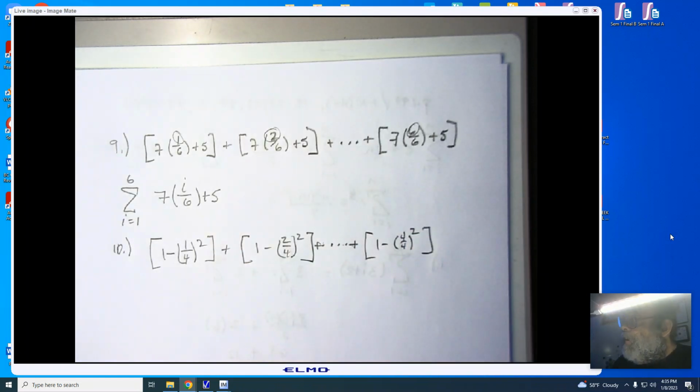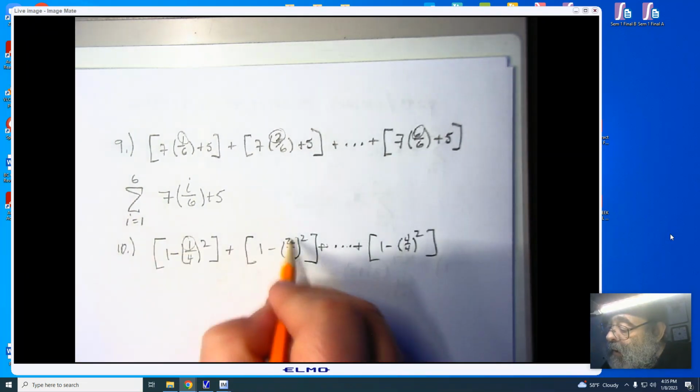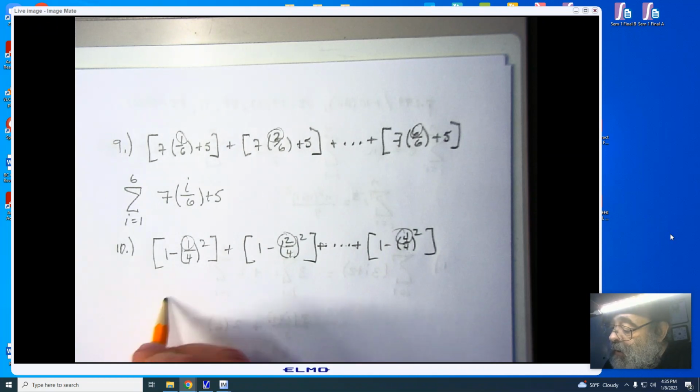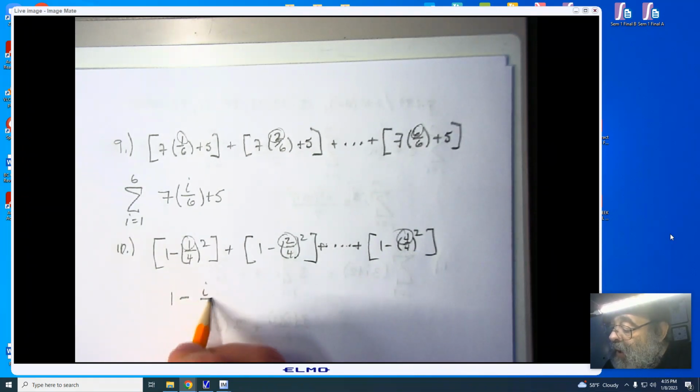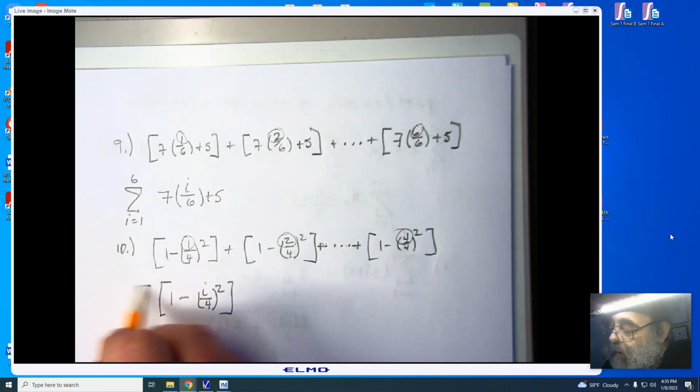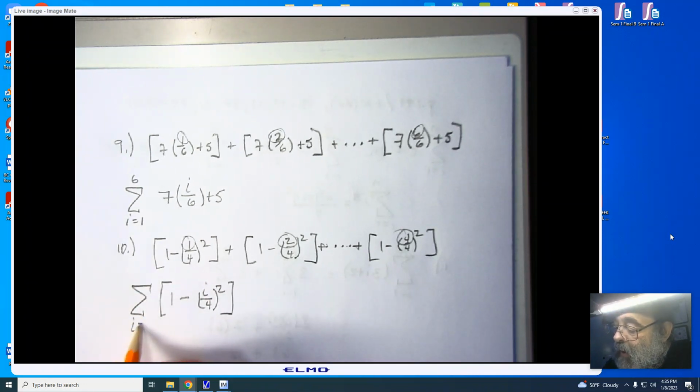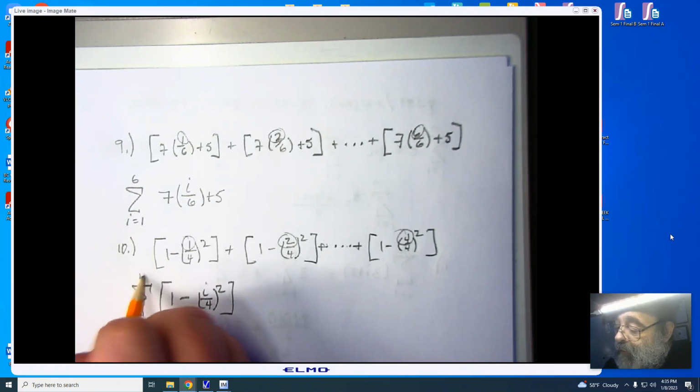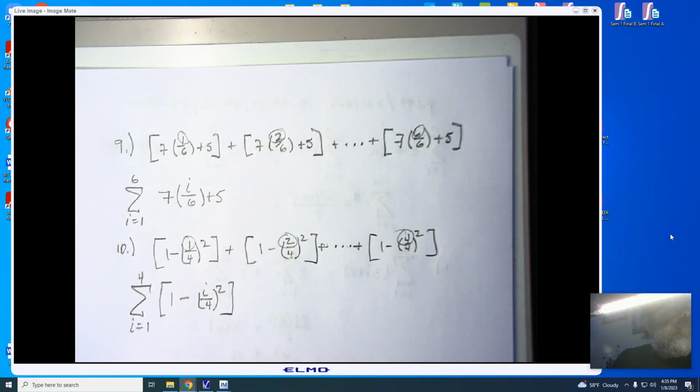The piece that we're going to work with is this right here. That's what's changing: 1 minus i over 4, the quantity squared. And i is going from 1 up to 4. Okay? So let's take a look at number 13.